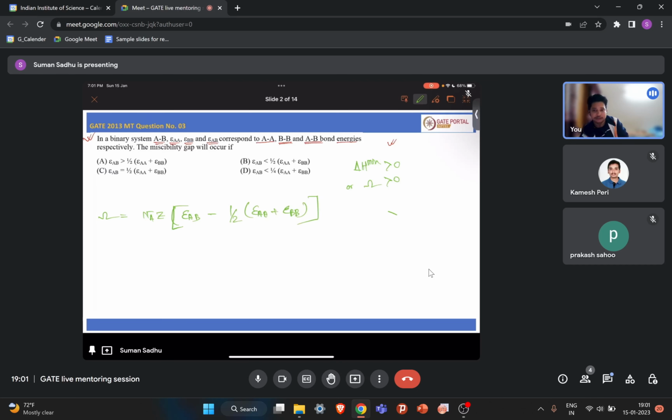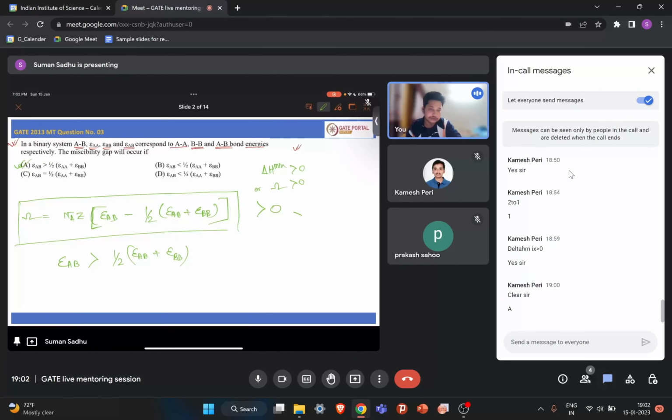That was the expression for omega which we have already derived. So if omega is greater than 0, it means epsilon AB is greater than half of the sum. So the correct answer will be option A, right? Is it clear to everyone?